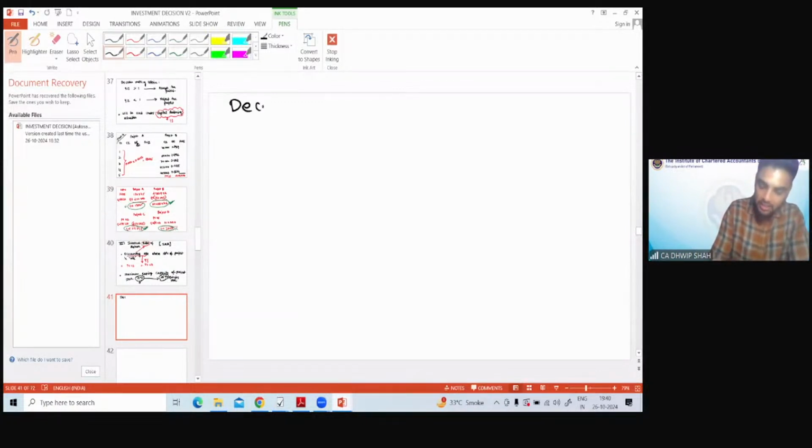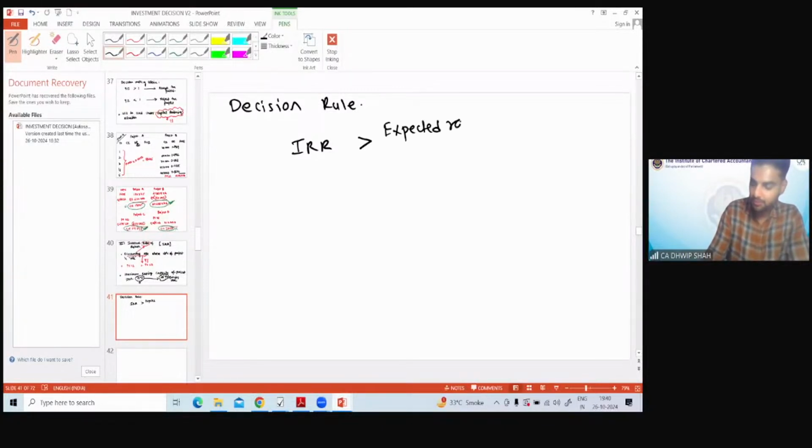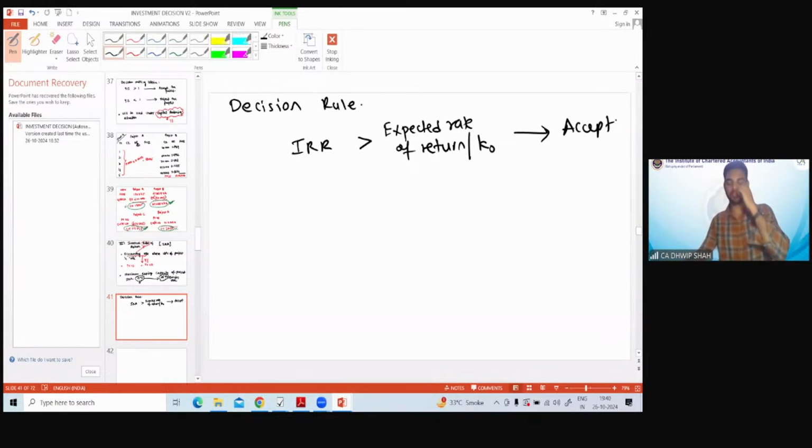The decision rule for IRR is if IRR is greater than your expected rate of return or the industry rate or KO, accept the project, because project is having more earning capacity than your expectation.